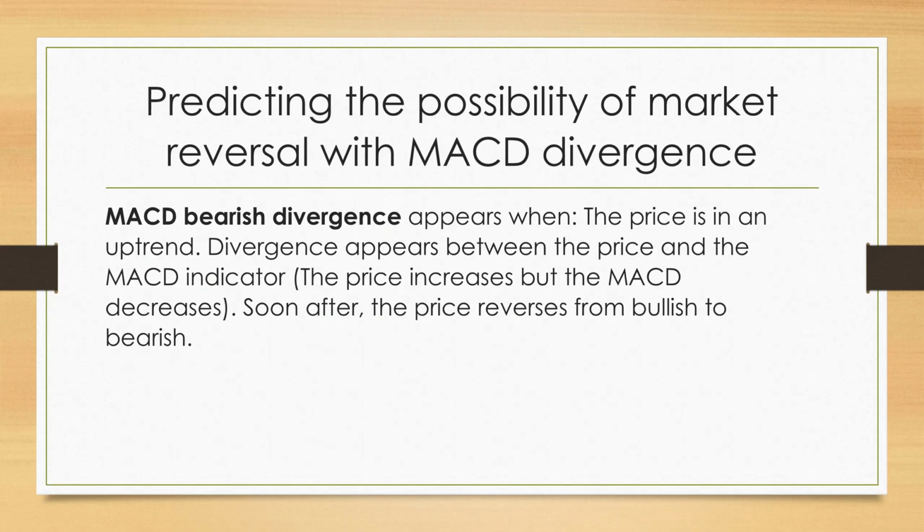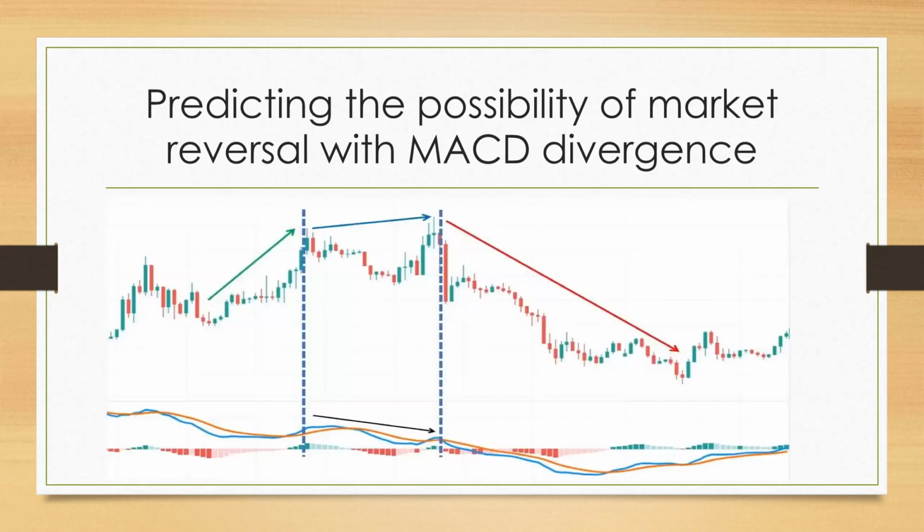So the bearish divergence appears when the price is in an uptrend. Divergence appears between the price and the MACD indicator. How? The price increases, so our signal line is still going up, but the MACD decreases. And soon after, the price reverses from bullish to bearish.